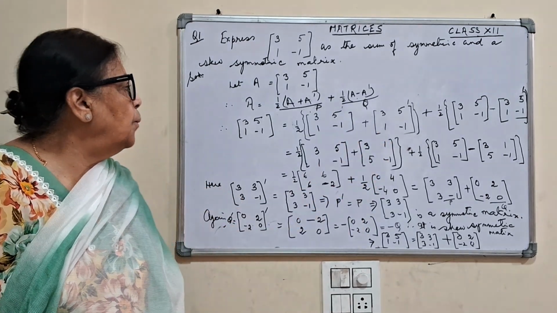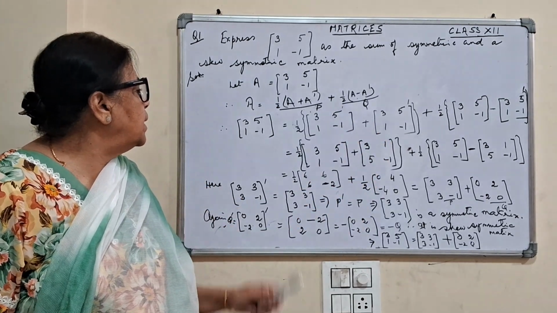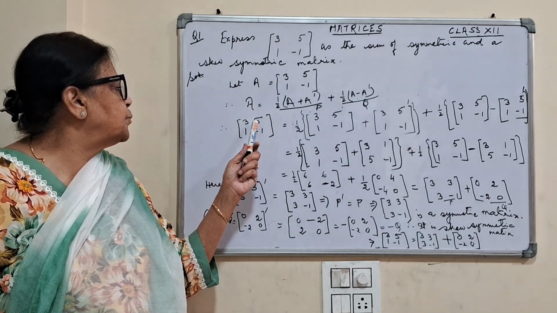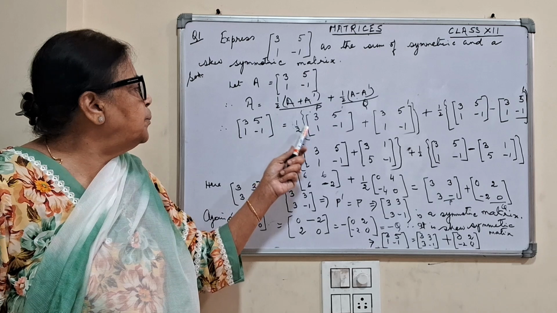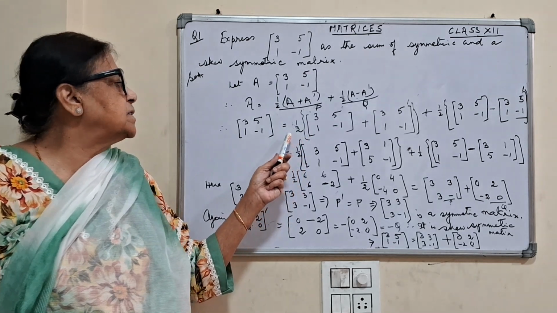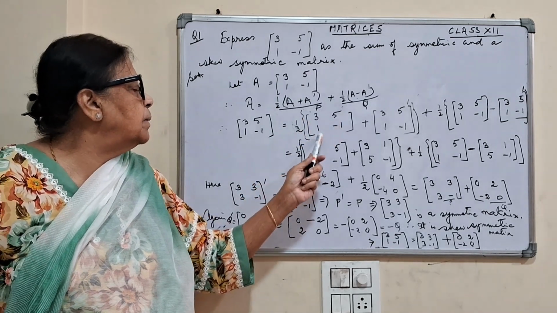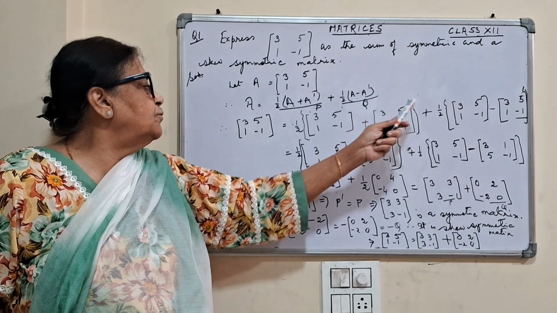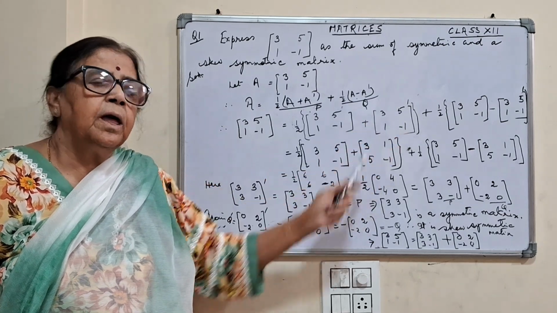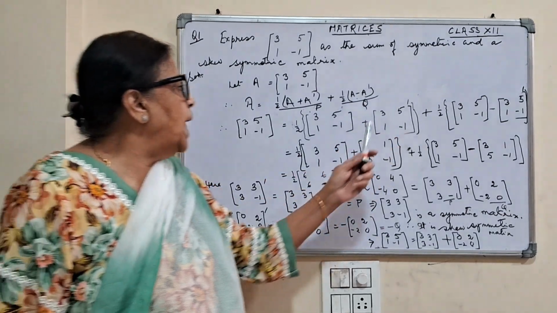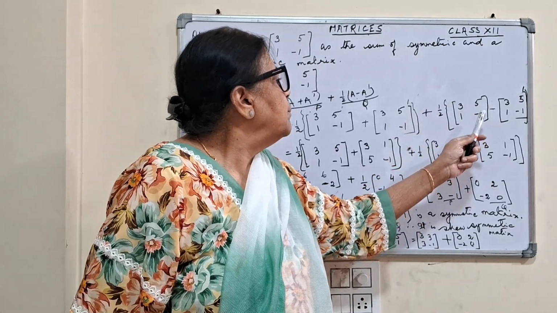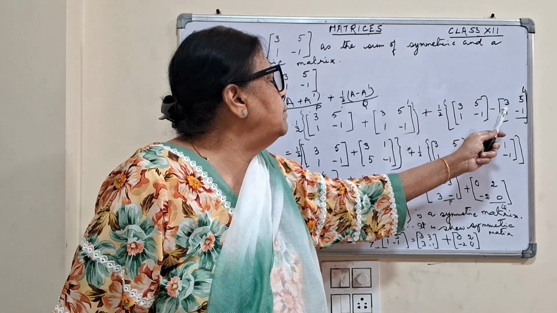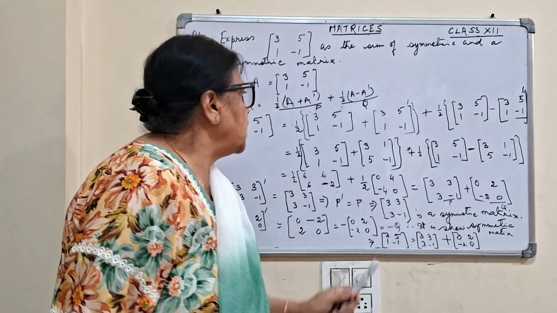Now the same way I put the value of A. That is, half of [3, 5; 1, -1] plus [3, 5; 1, -1] transpose, and plus half of [3, 5; 1, -1] minus [3, 5; 1, -1] whole transpose.